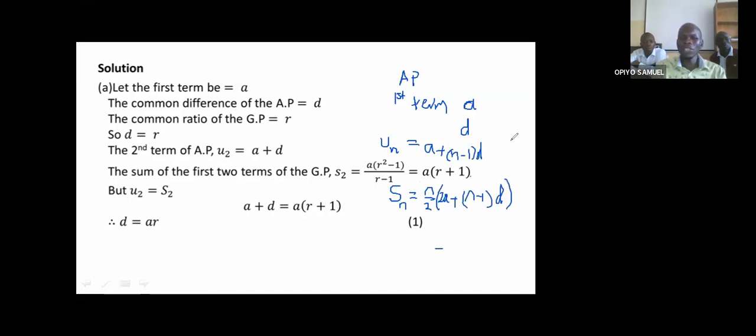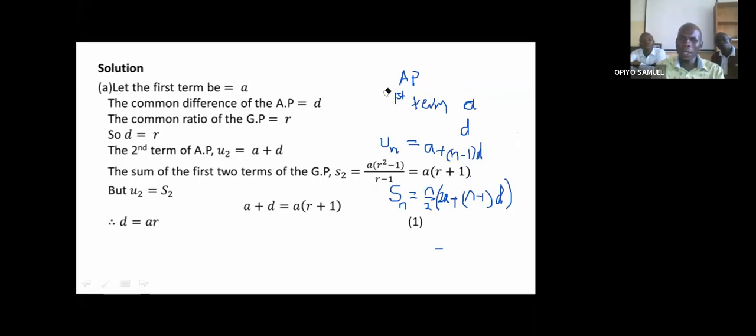These are the only things you require from arithmetic progression: first term, common difference, the nth term, and the sum of the first n terms. So any question on AP, you must apply this. So you take note of this. We shall use them later.